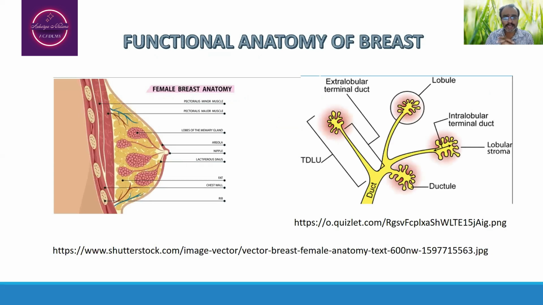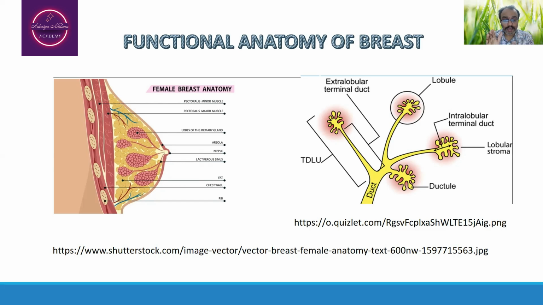As far as functional anatomy of the breast is concerned, it has the nipple at the center. On either side surrounding the nipple, there will be the areola, which is a darkened tissue. Later, that will be associated with the skin, which has the lobes of the mammary glands, wherein the milk will be produced.